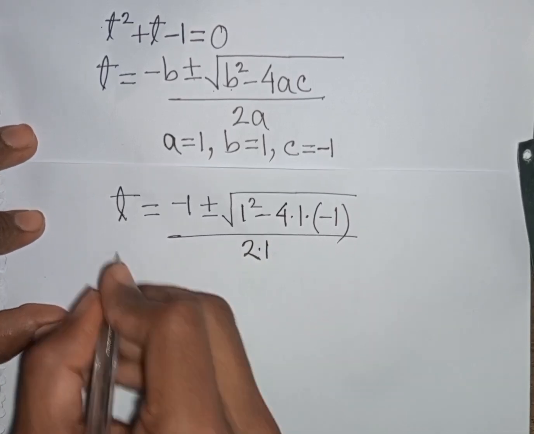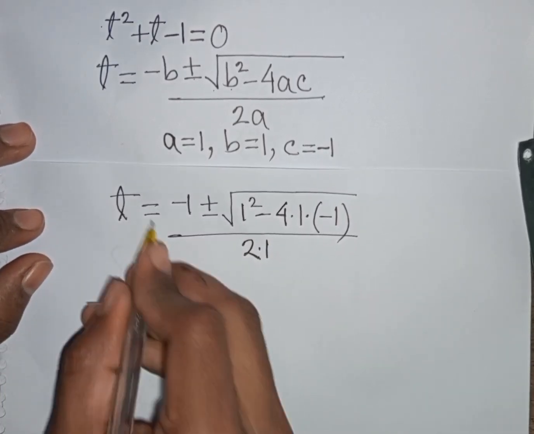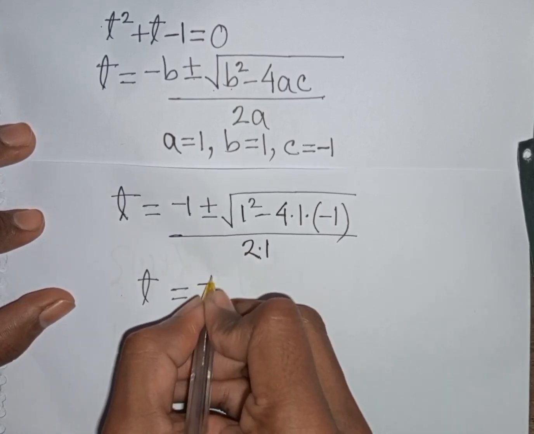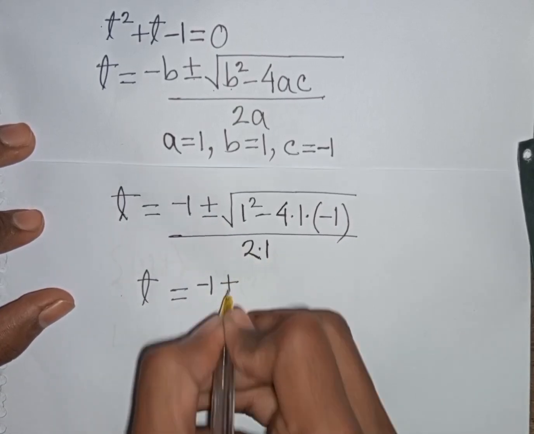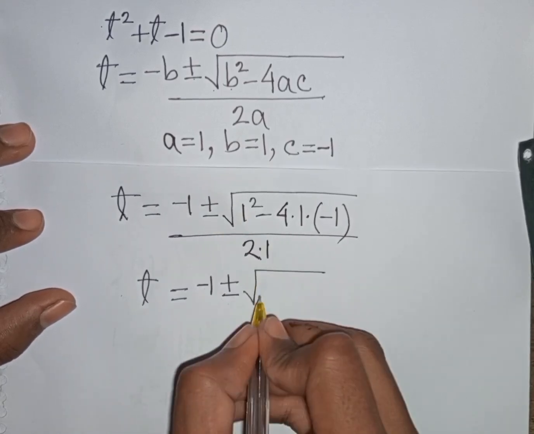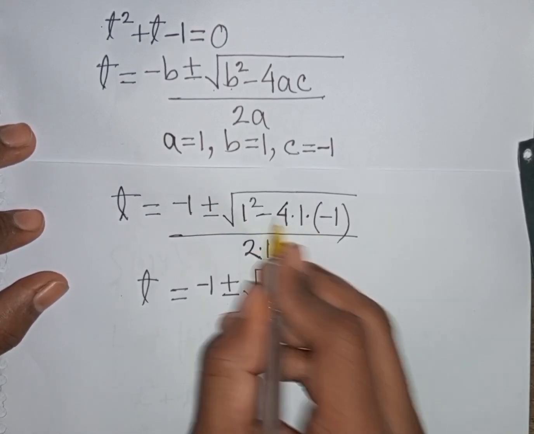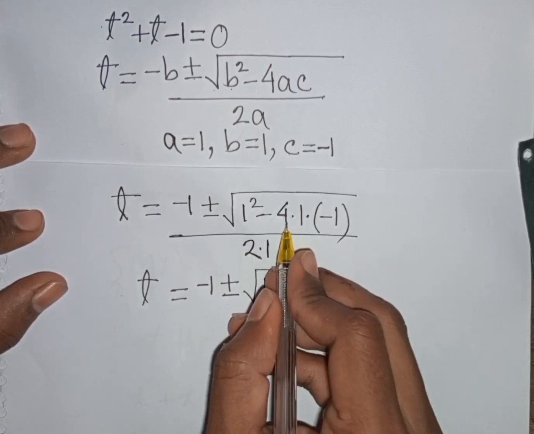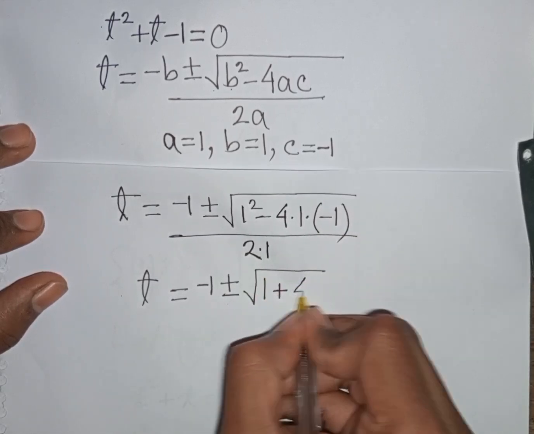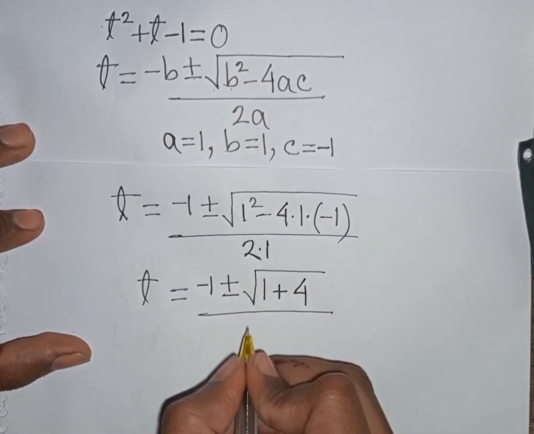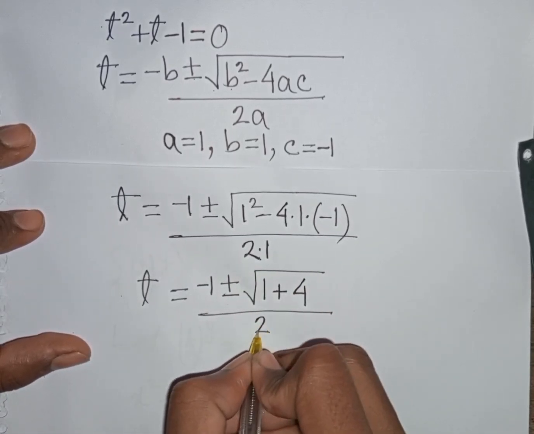Now I can write t is equal to minus 1 plus or minus square root of 1^2, which is 1, then minus times minus means plus, 4 times 1 times 1 is 4, divided by 2 times 1, that means 2.